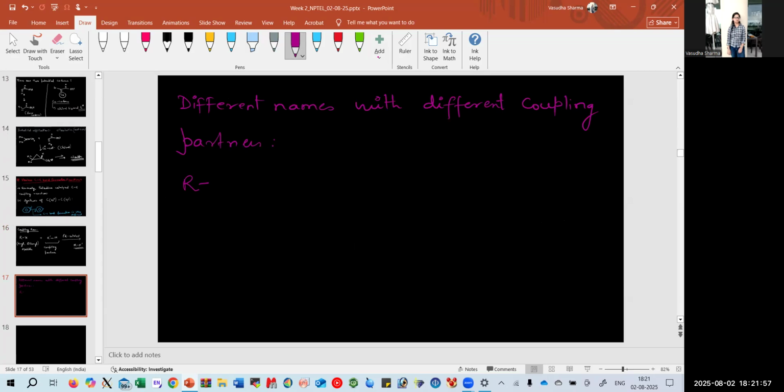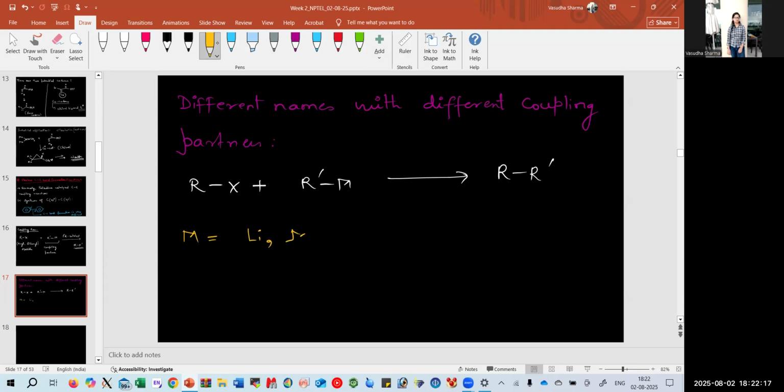So the reaction was R-X plus R'-M. It was giving R-R', right? So if your M is lithium or magnesium, the reaction is named as Kumada coupling reaction.